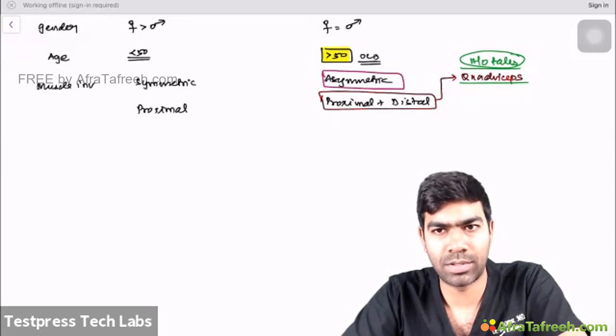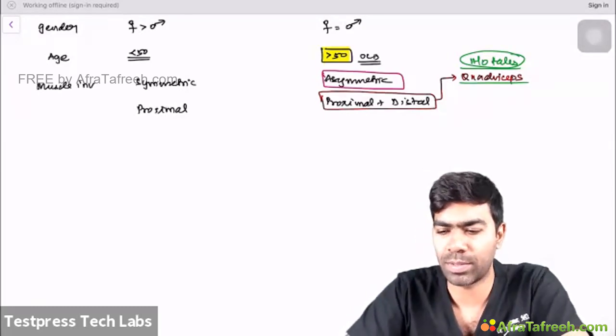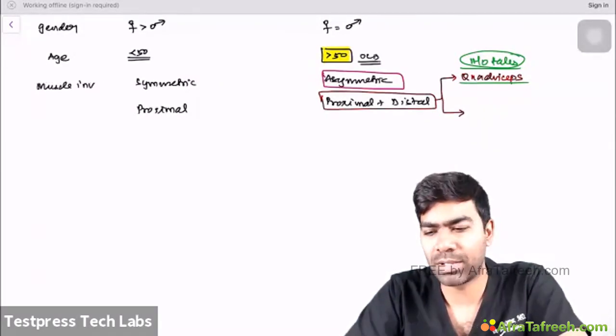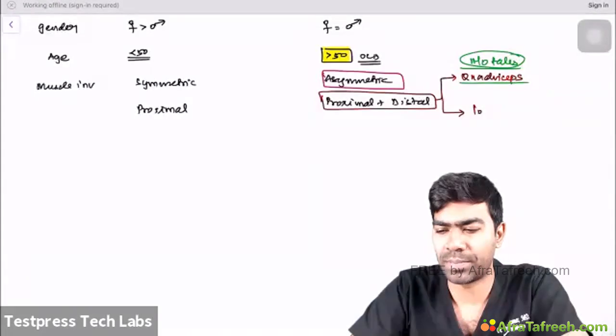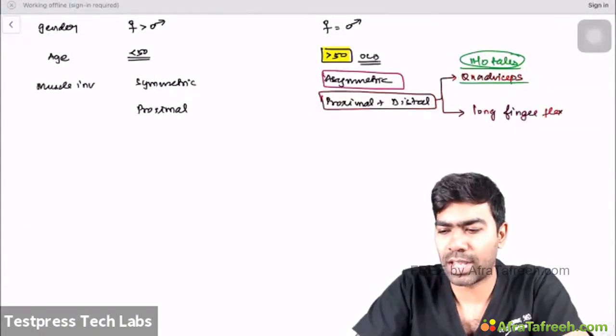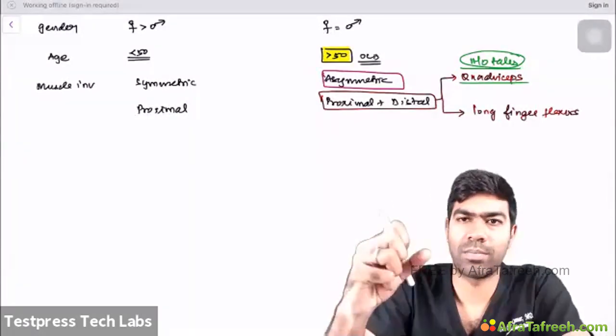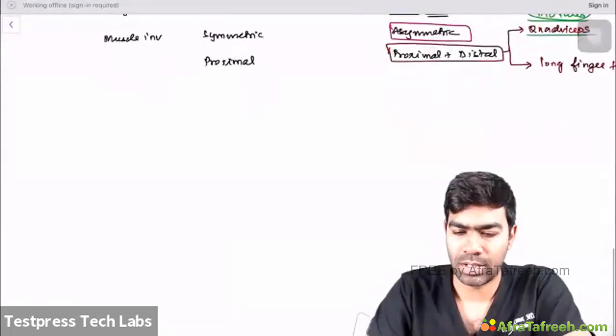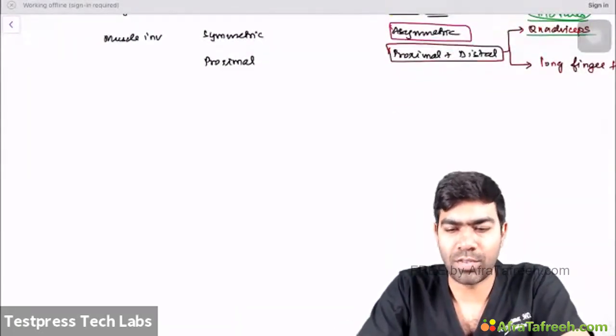So quadriceps involvement will result in falls and subsequent fractures, which could be the presentation of sporadic inclusion body myositis. And apart from that, the second muscle is the long finger flexors. So grip weakness will be there. They cannot grip properly because the long finger flexors are affected. That's number two. So this is the muscle involvement that you're going to get.